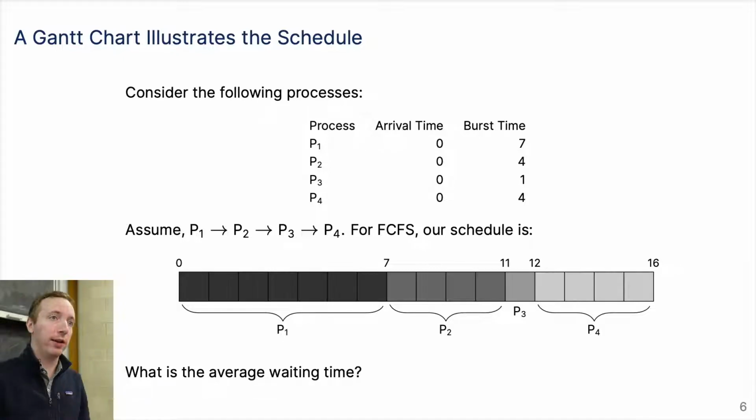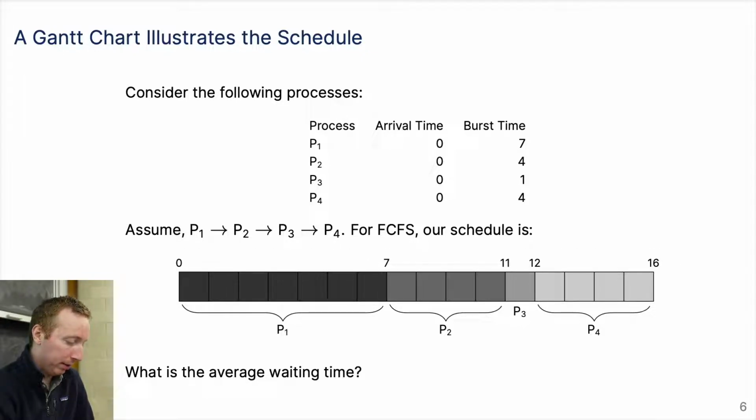Since they all arrive at the same time instant, we'll just assume that they arrive in the order P1, P2, P3, then P4. So if we do first come, first serve, at time 0, we have them in that order. You pick off the process that arrived first. In this case, it would be P1.